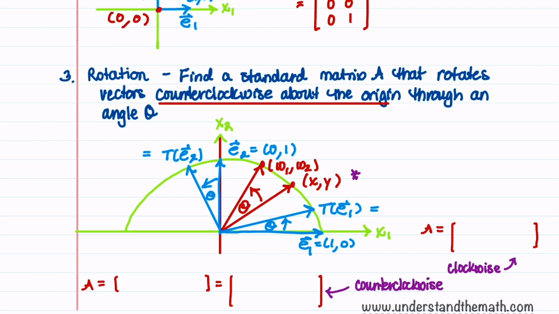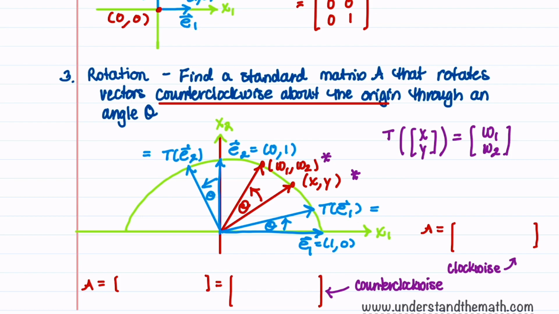This vector is going to be rotated through an angle theta, and it will transform into vector w1, w2. So we can say T of xy is equal to w1, w2.